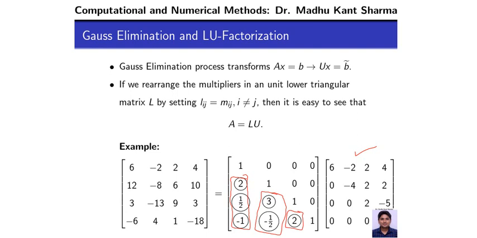If you arrange all of them, this is your L part and this is your U. So by using Gauss elimination you are actually finding the LU decomposition directly, if the basic Gauss elimination method does not fail.